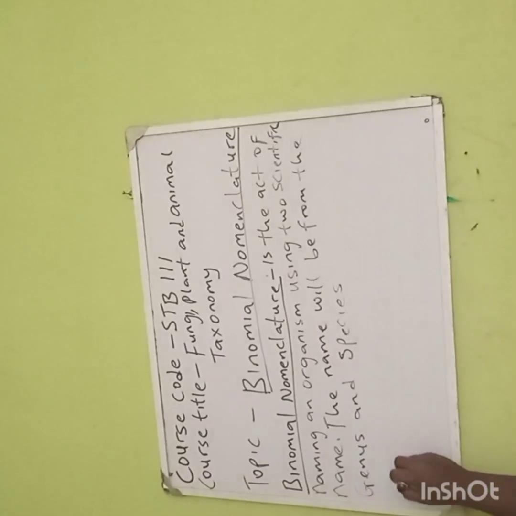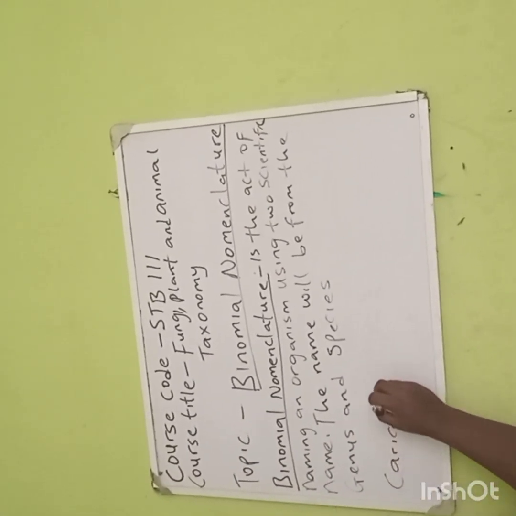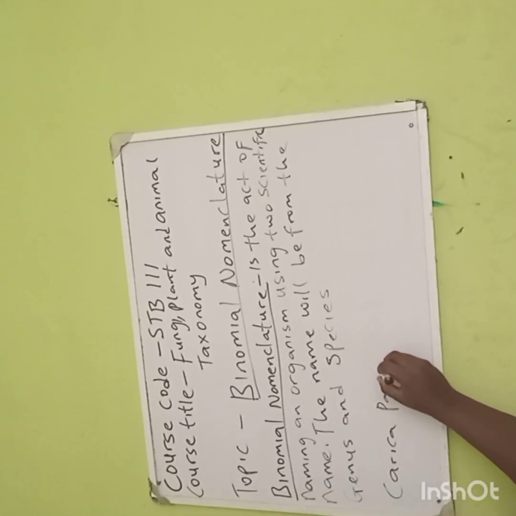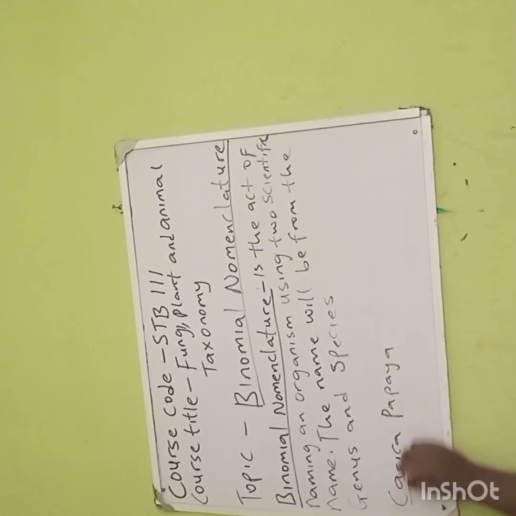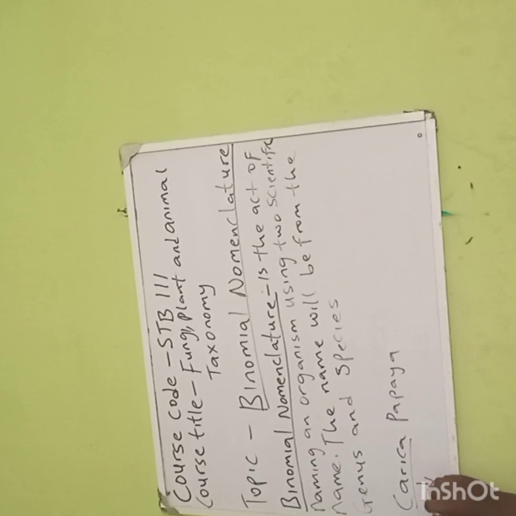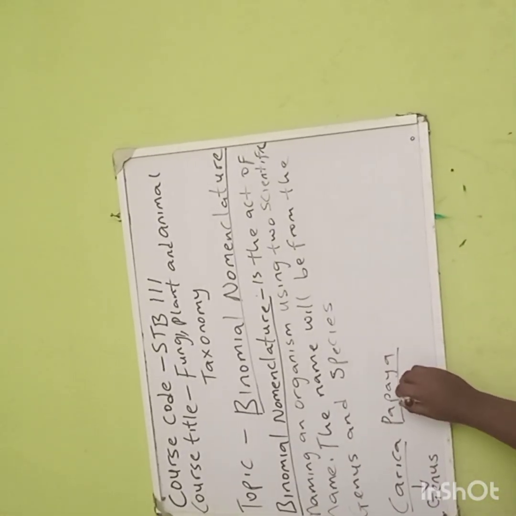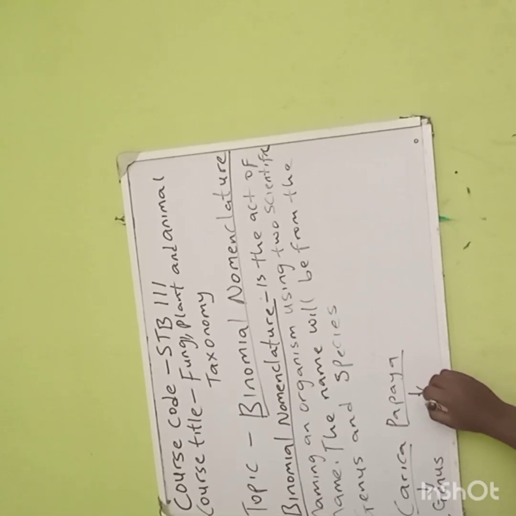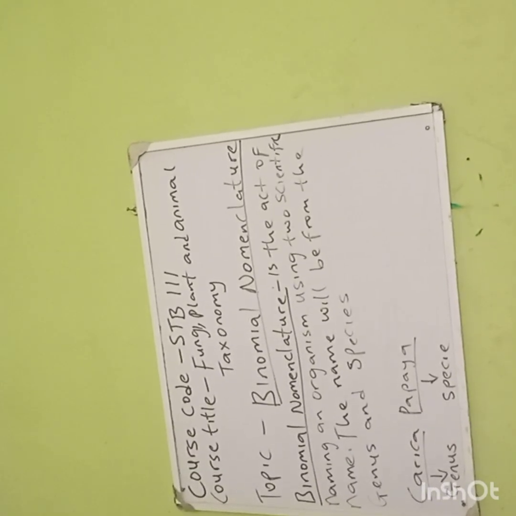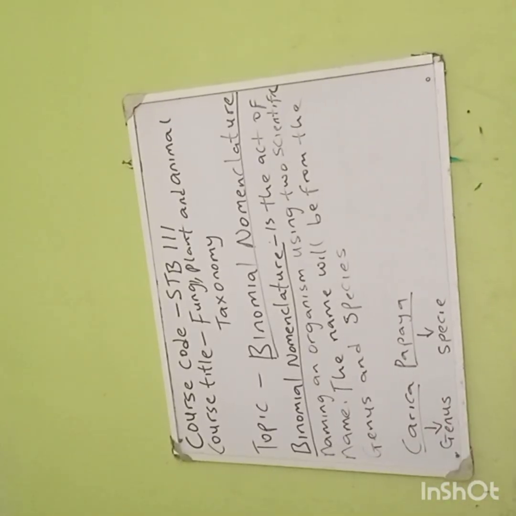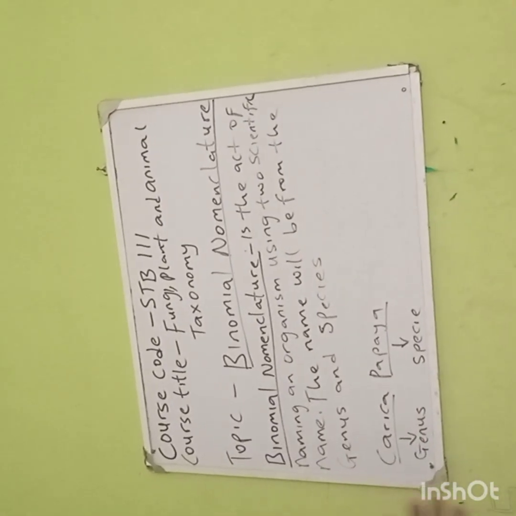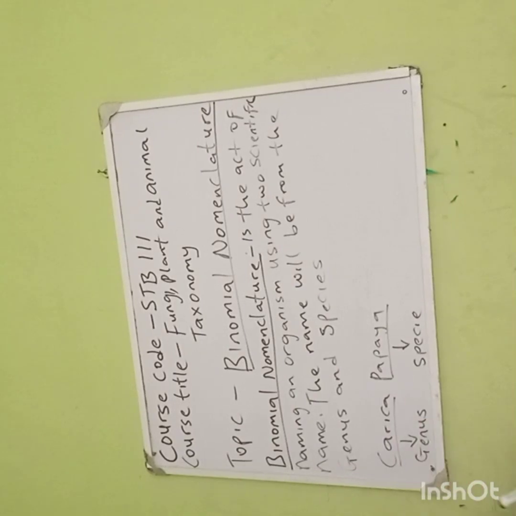For example, Carica papaya. This one is the genus. This one is the species. You see what we mean by naming an organism using two scientific names.